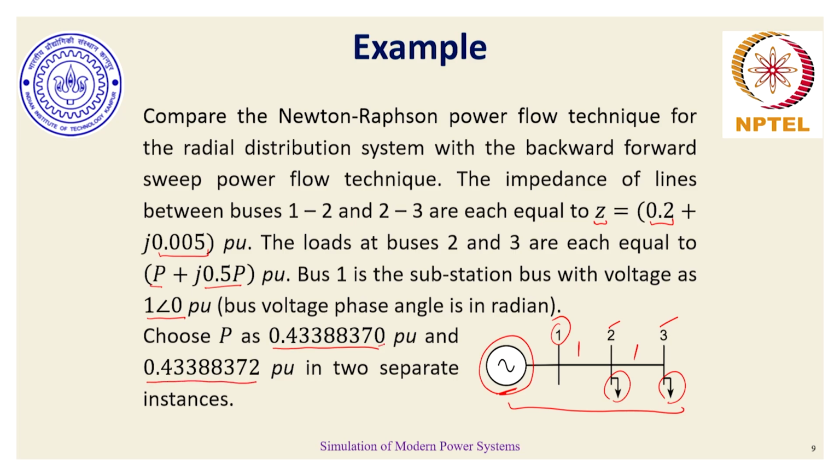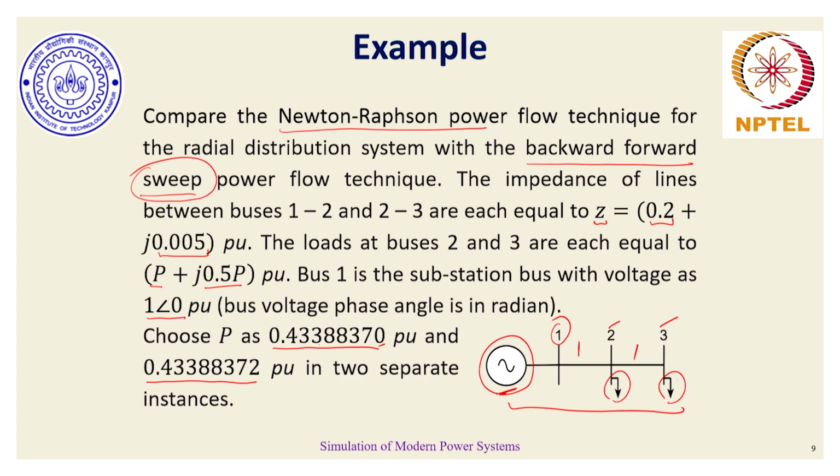It's hardly a difference of 10 to the power minus 8 PU, but these 2 cases will clearly showcase the reason why the Newton-Raphson method may or may not work, while the backward-forward method or sweep method will still work.